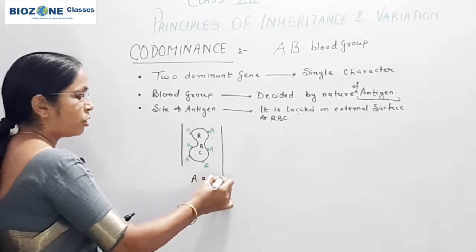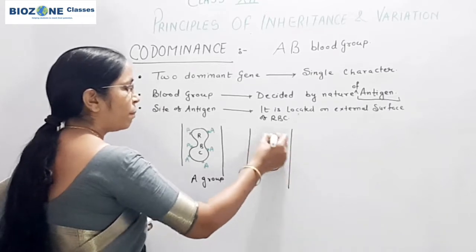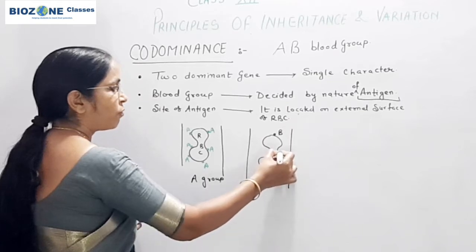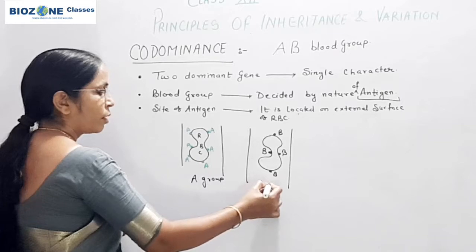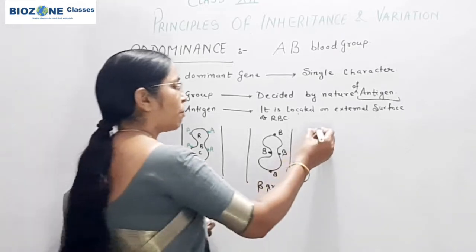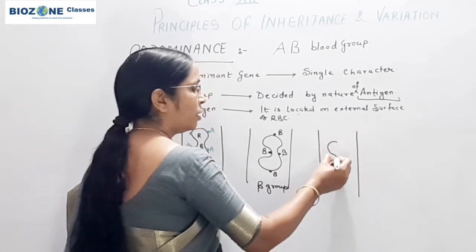If the B antigen is present, the blood group of the person becomes B group.